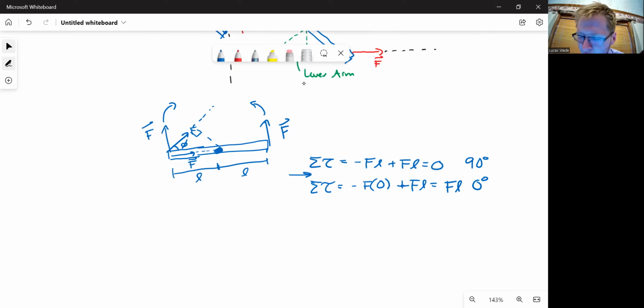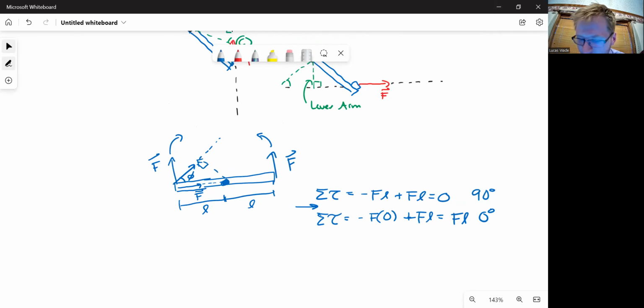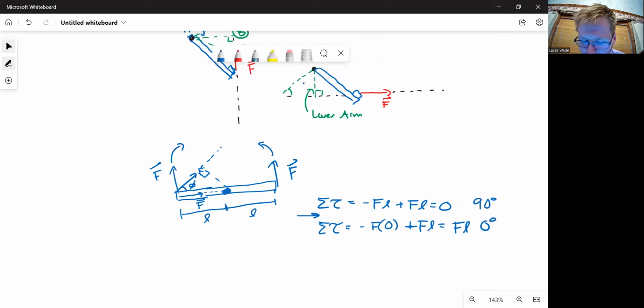So we don't even have to calculate it in order to be able to rank it compared to the other two. Conceptually, if there's the 90-degree one, they're both trying to produce torques in opposite directions that results in zero net torque. Whereas with the 0-degree, we've only got the force on the right producing a torque, and so it's not being resisted by anything acting in the opposite direction. For the 45-degree case, we have this small component of the overall force, and that's what's resisting the counterclockwise torque produced on the right.